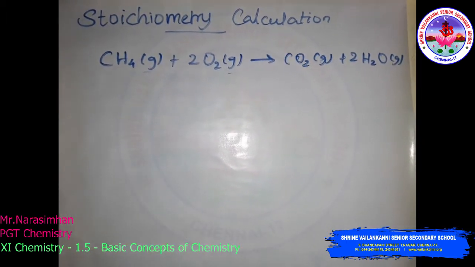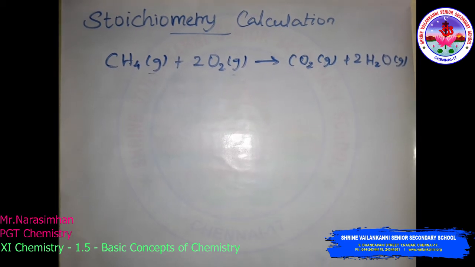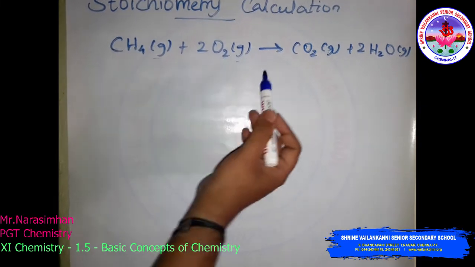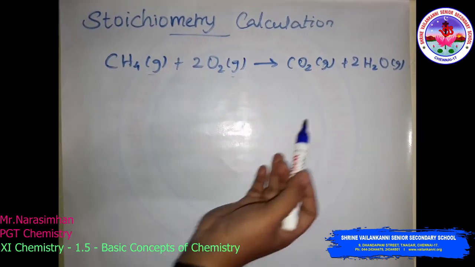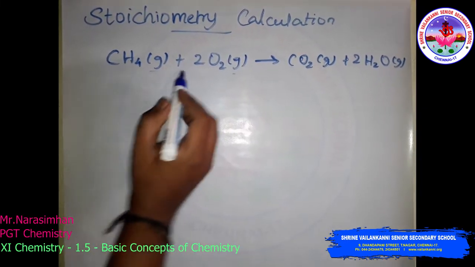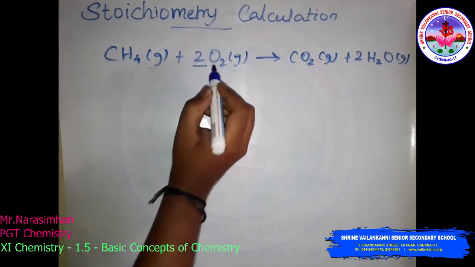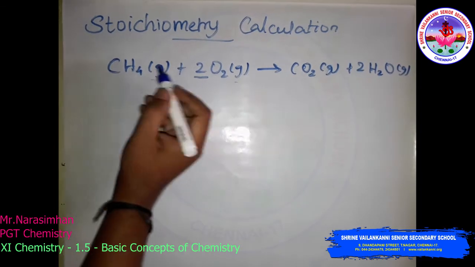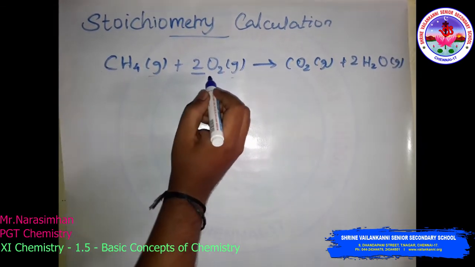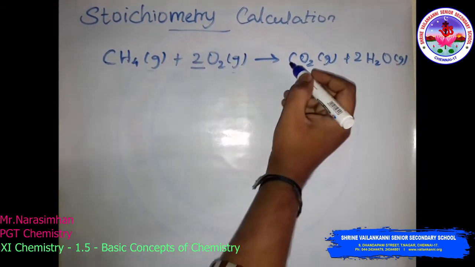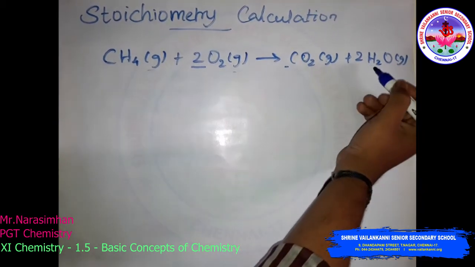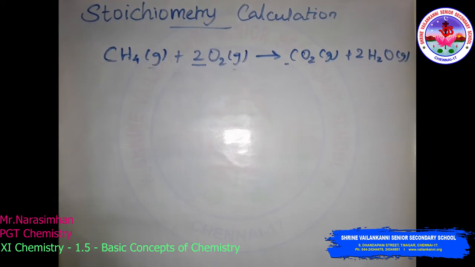Here we can say that 1 mole of methane reacts with 2 moles of oxygen to give 1 mole of carbon dioxide and 2 moles of water.